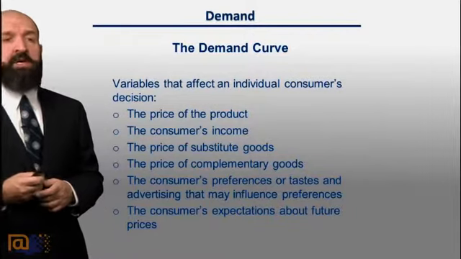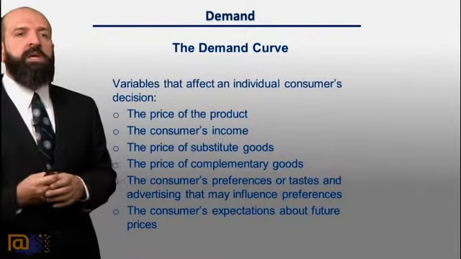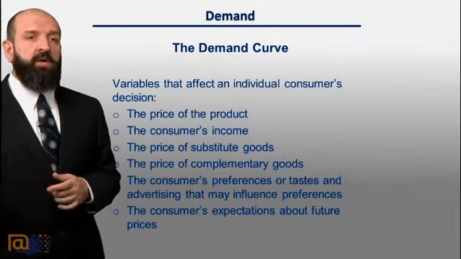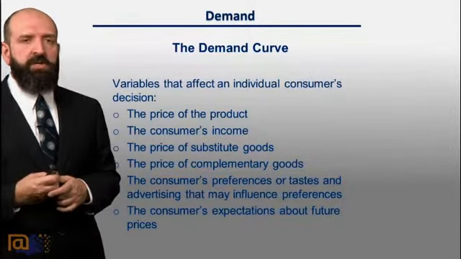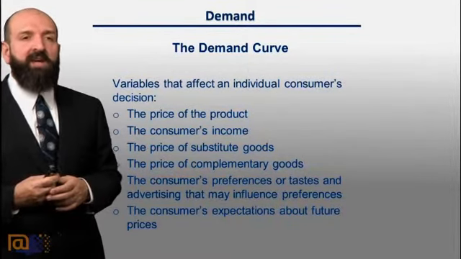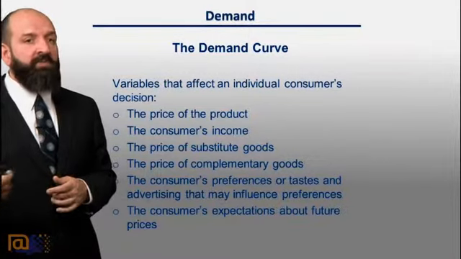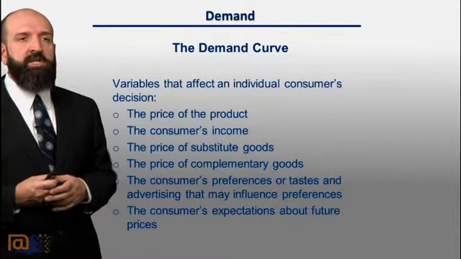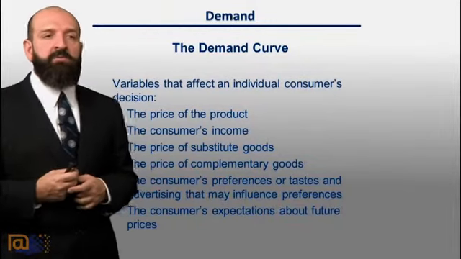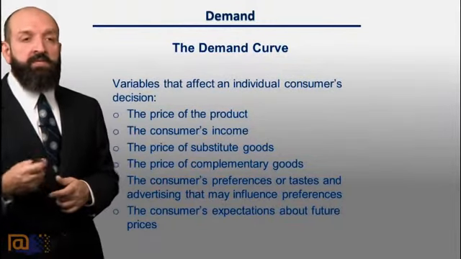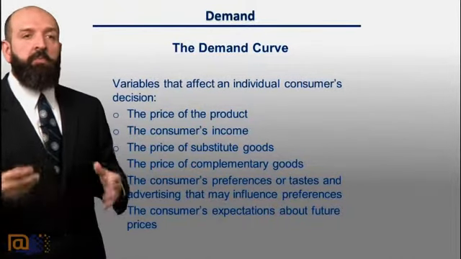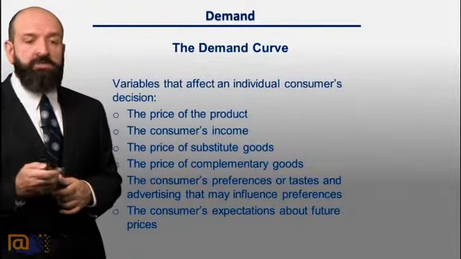The prices of complementary goods, if the goods go well together, that will also make a difference whether you want to purchase a certain product or not. Consumers' preferences change over time, and so it is possible through advertising or other influences to make consumers increase the likelihood of purchasing your product. Finally, consumers' expectation about the future prices will affect the decisions that consumers make today.